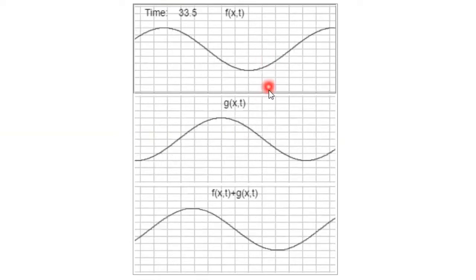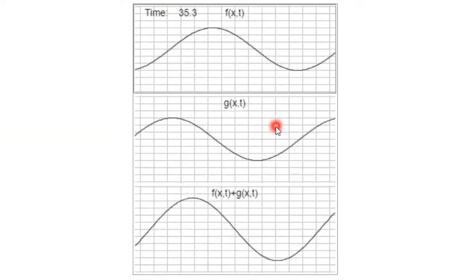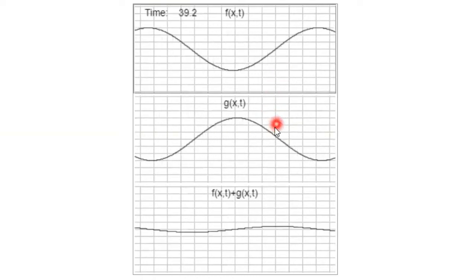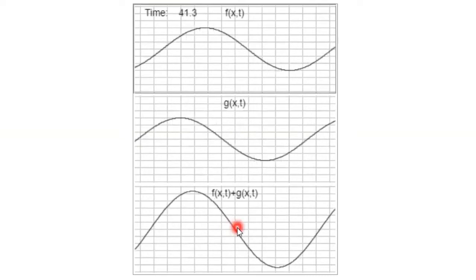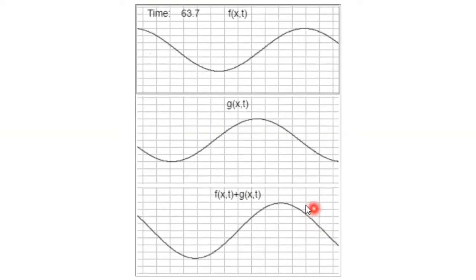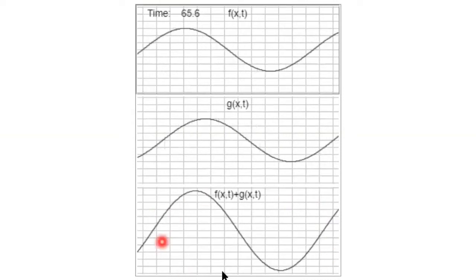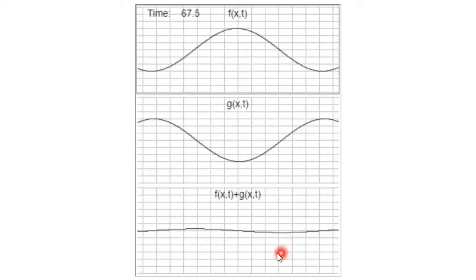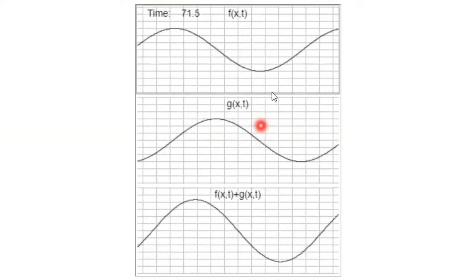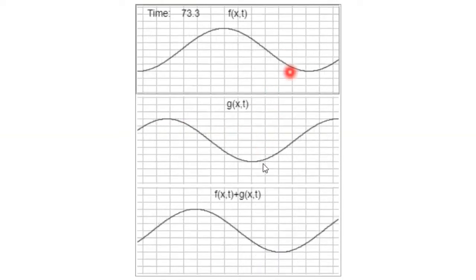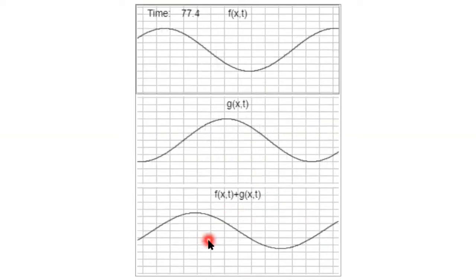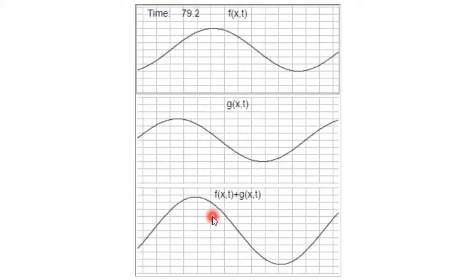And when these two waves traveling in opposite directions interfere with each other, the resultant wave we get is called a stationary wave, and the third wave is the example of a stationary wave. And how is it formed: when these two waves traveling in opposite directions superimpose with each other, the resultant they produce is in the form of a stationary wave.